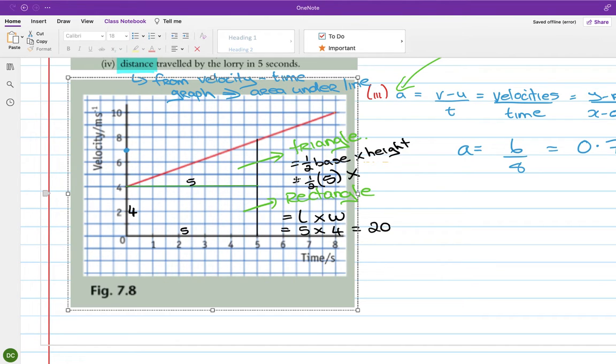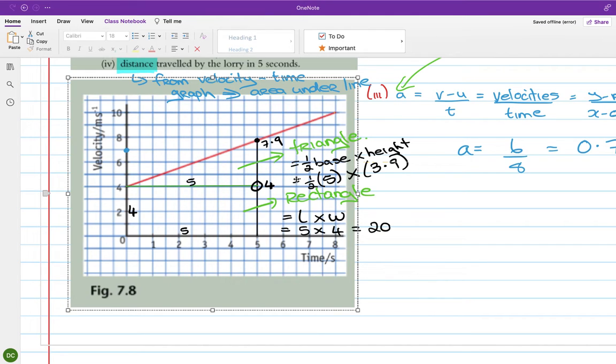So it starts here at 4 and it goes up to like here. It's not quite 8, it's like 7.9. I kind of have to read the graph as it is. So I think the height is 3.9. It goes from 4 to 7.9, so 3.9.